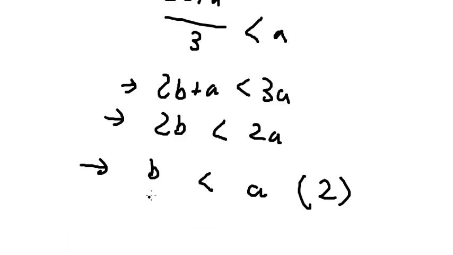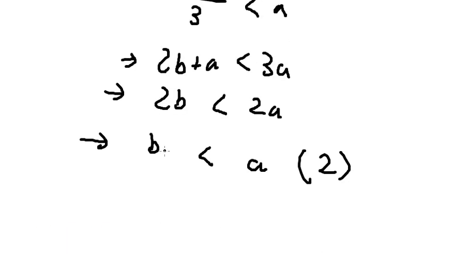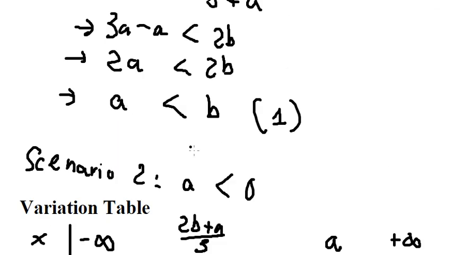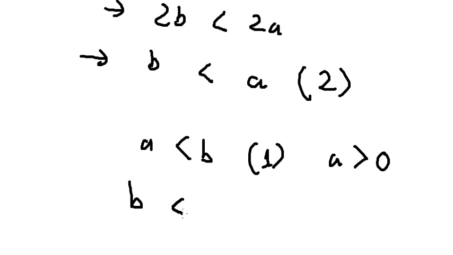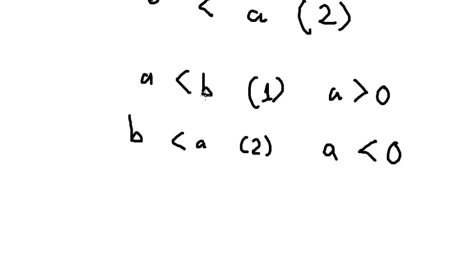So we have two conditions. This one for a is greater than number 0. This one for a is smaller than number 0. And now I will put b to the left, a to the left.